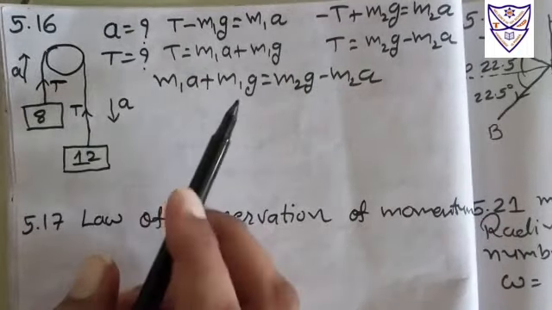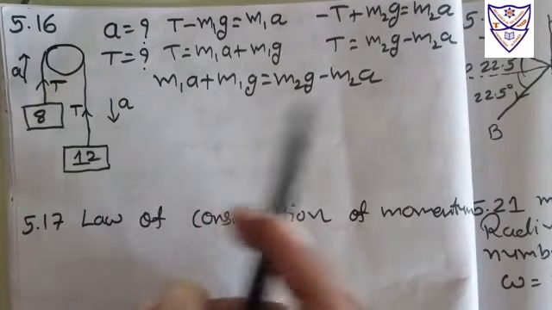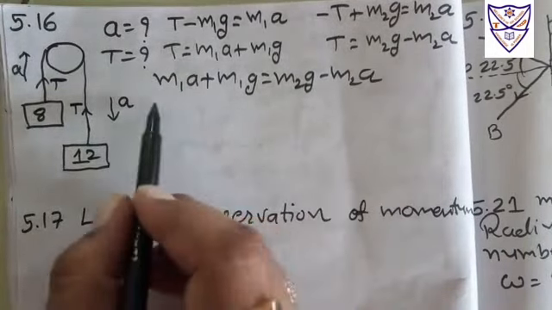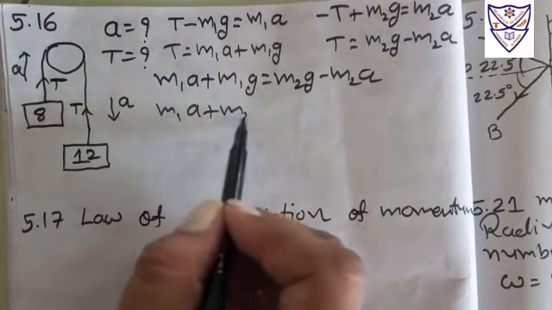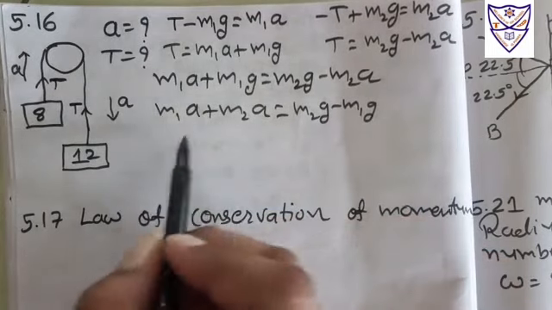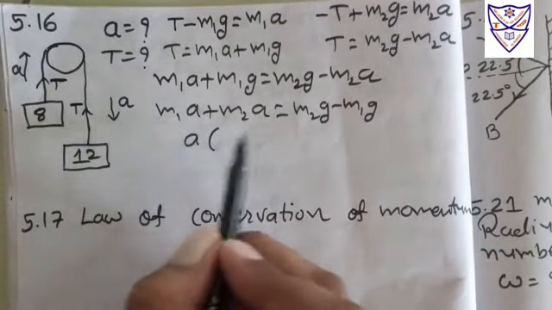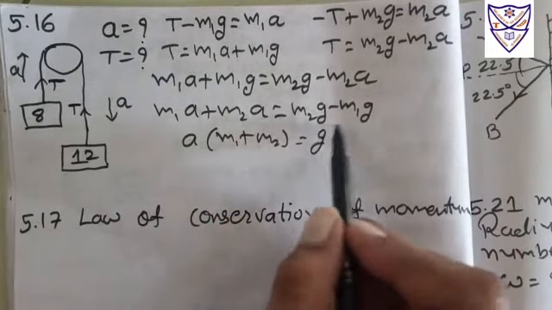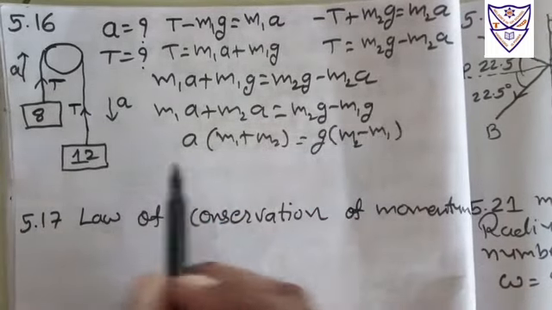Okay, now we need to find acceleration from this formula. So just put the acceleration terms on one side, so m1a plus m2a is equal to m2g minus m1g, right? So here a is common, m1 plus m2, is equal to g common, m2 minus m1.